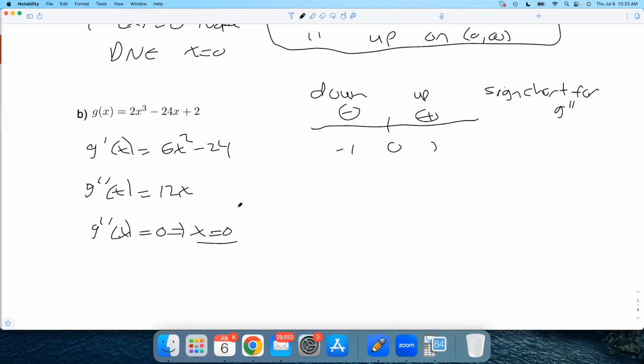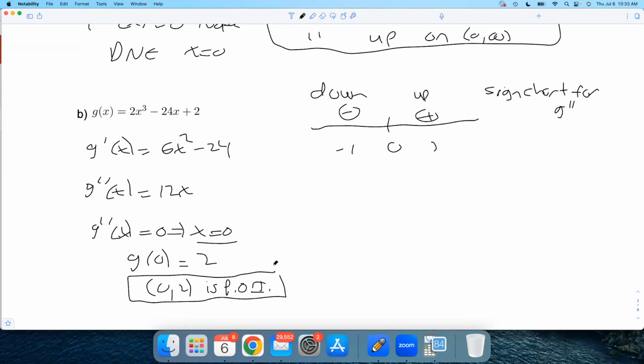The original function is defined at 0. So g of 0, you can just plug it in, is 2. That means the point (0, 2) is a point of inflection, or an inflection point, because we're switching concavity there. We're concave down from -infinity to 0, and concave up from 0 to infinity.